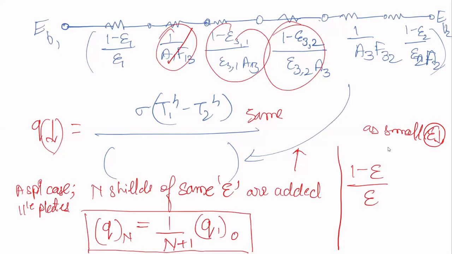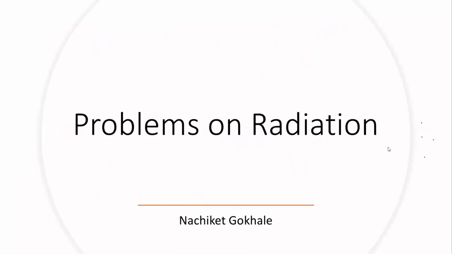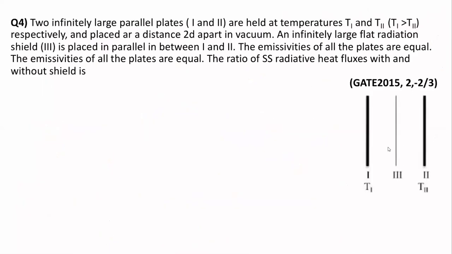In this particular problem, you can directly use the formula which I had discussed, or you can simply solve the net resistance network as well. I will show both the approaches. First with the formula.